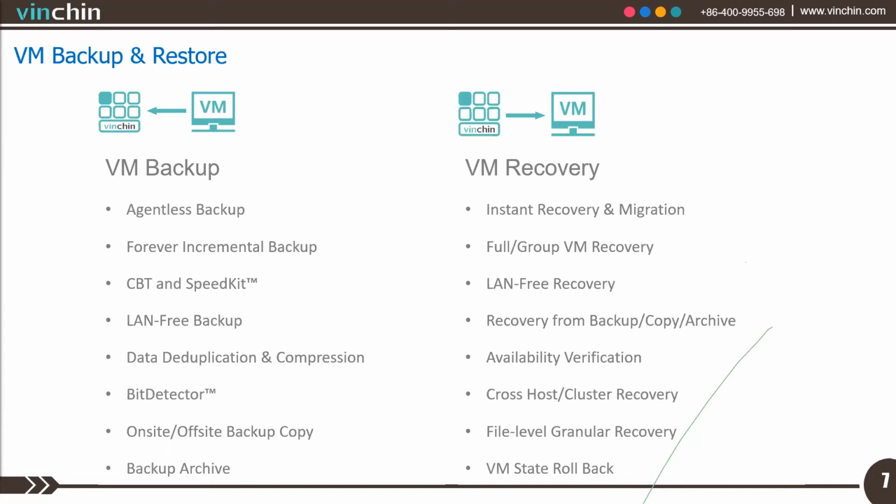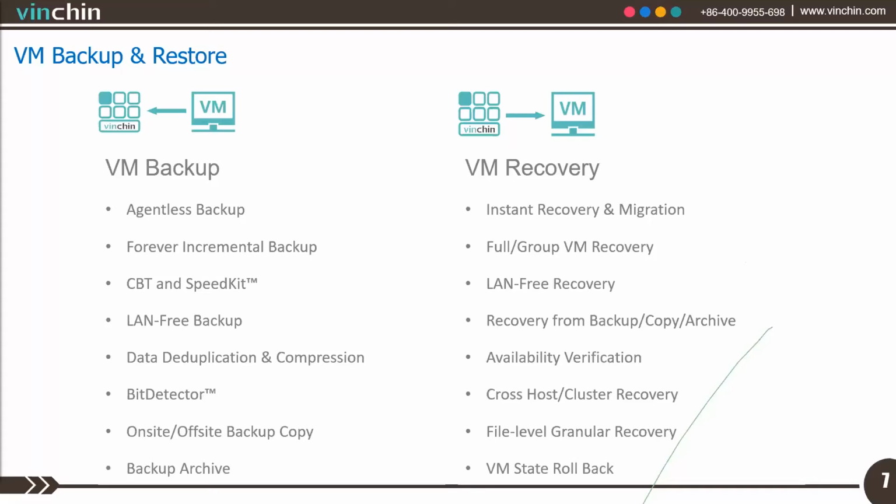For virtual machine recovery, we have instant recovery and migration, full and group virtual machine recovery, LAN-Free recovery, cross-host or cross-cluster recovery, recovery from backup, recovery from backup copy, and recovery from backup archive. So you have a lot of means to bring your virtual machine back online.